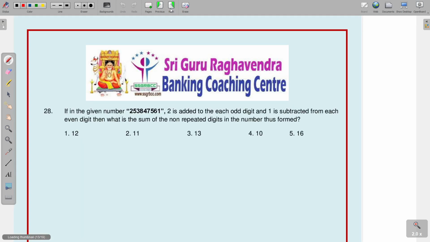So next, question number 28. In the given number 2, 5, 3, 8, 4, 7, 5, 6, 1, 2, 2 is added to each odd digit and 1 is subtracted from each even digit. So 2 added to each odd digit gives 7, 5, 9, 3 and 7.